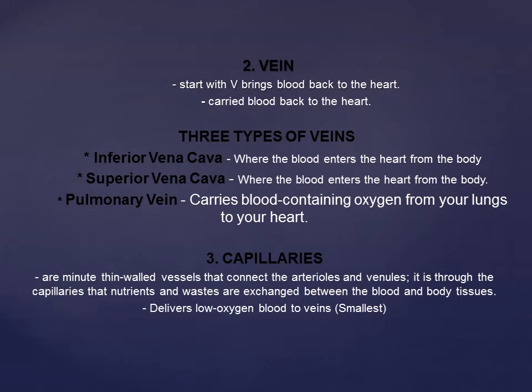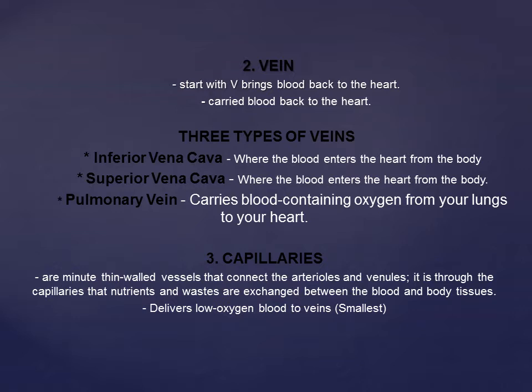Vein starts with V and brings blood back to the heart. Veins have three types: the inferior vena cava, the superior vena cava, and the pulmonary vein. The inferior vena cava and superior vena cava are where the blood enters the heart from the body, and the pulmonary vein carries blood containing oxygen from your lungs to your heart.